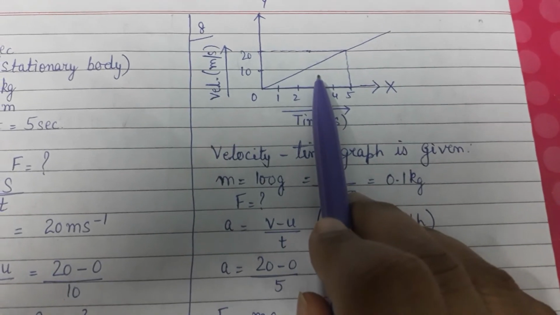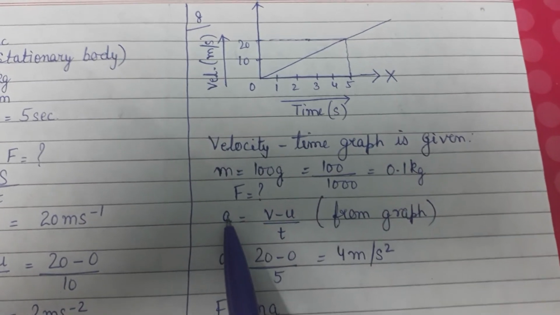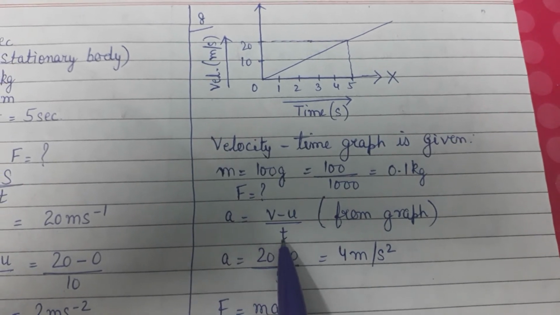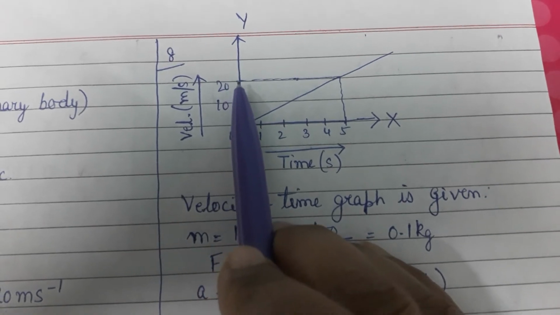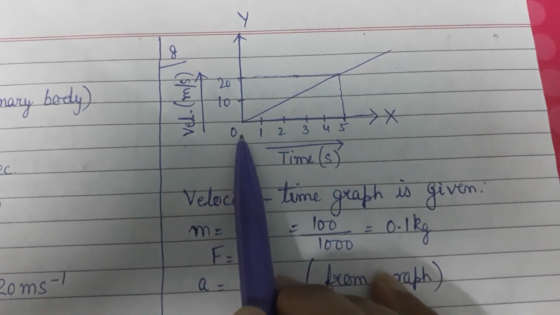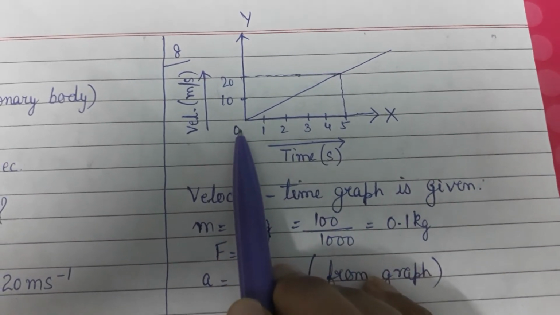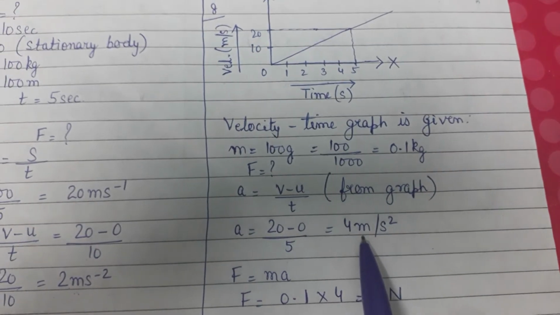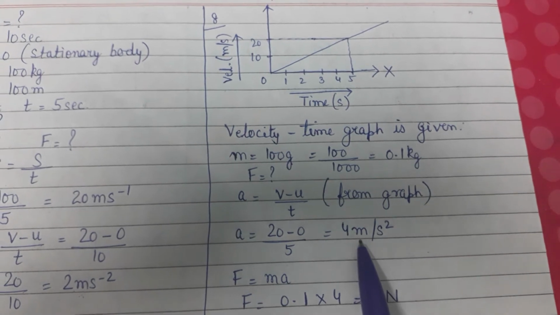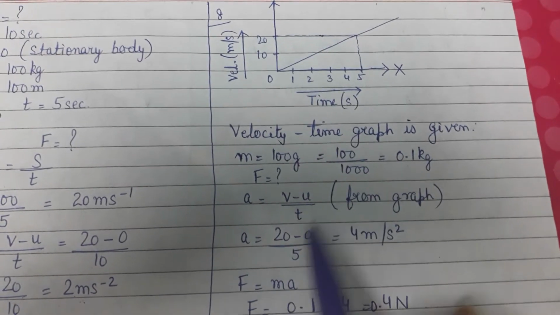Okay, so how can we find out the value of A? From the graph, naturally from the graph. We know the value of A is V minus U over T. From the graph, if you have a closer look, you know the value of V is 20, U is 0. So it will be 20 minus 0 and the time is 5. So A is 4 meters per second square. So children saw how I calculated the value of A from the graph.